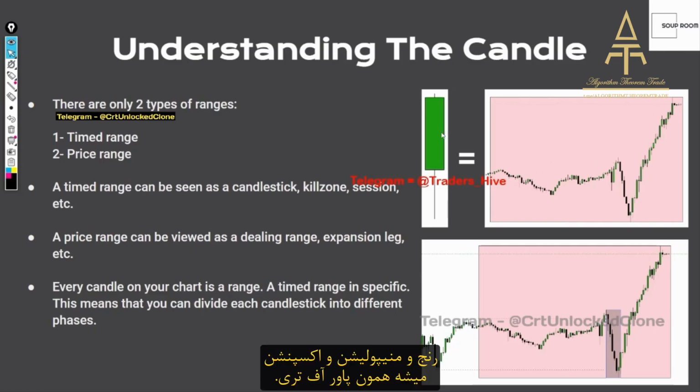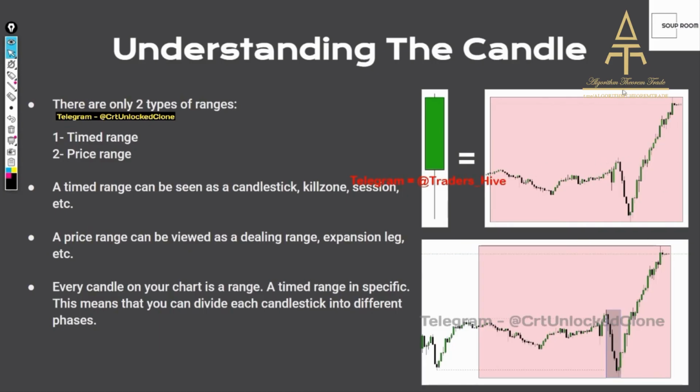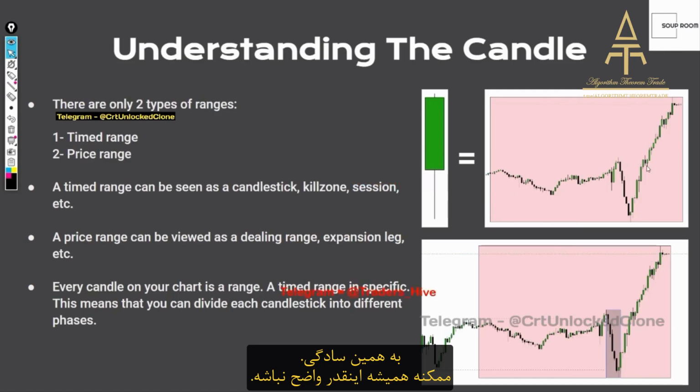We have a range. This is the power of 3 right in front of you. A range, manipulation, expansion. As simple as it gets. Sometimes it's not as clear as this.